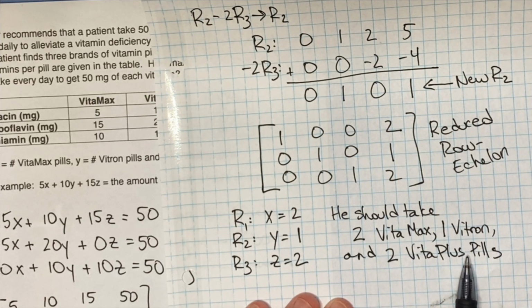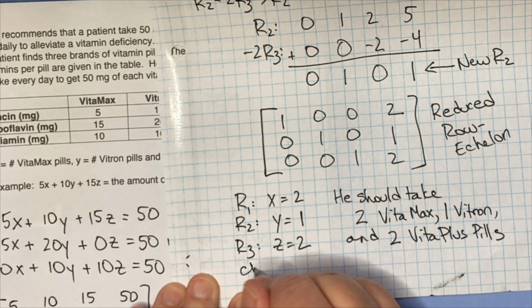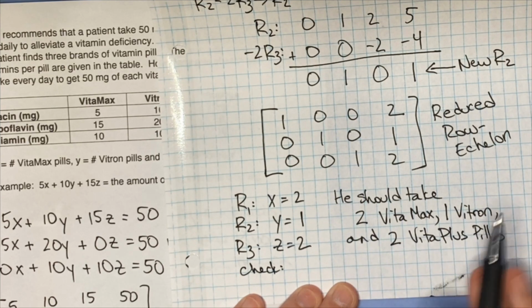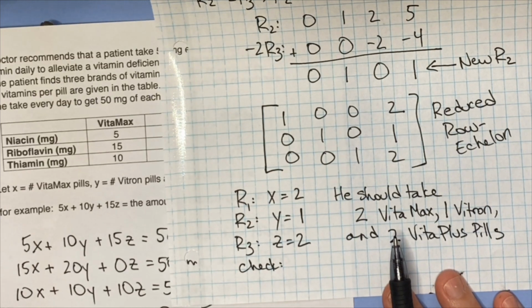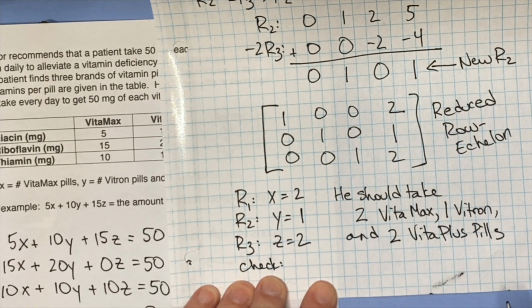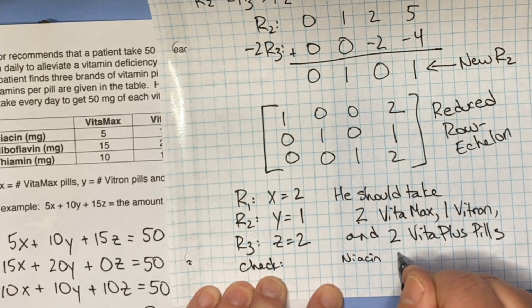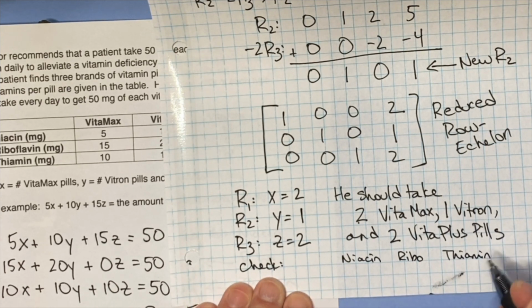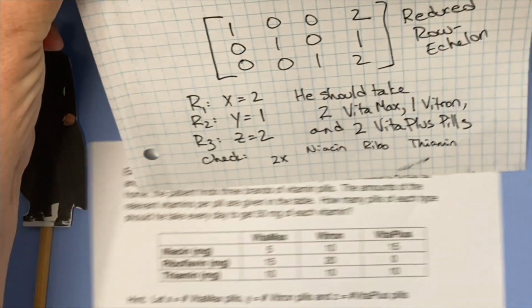Does this answer make sense? So what we can do is we can do a little check. If he takes 2 Vitamax, let's see, niacin, riboflavin, and thiamine. I'm trying to figure out how to put this in so you can see everything.